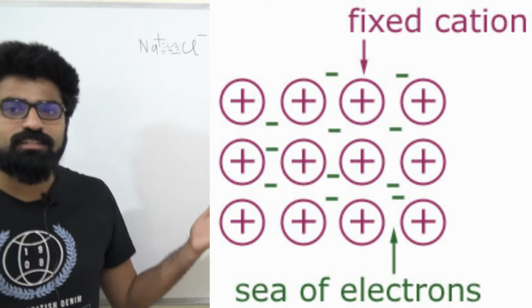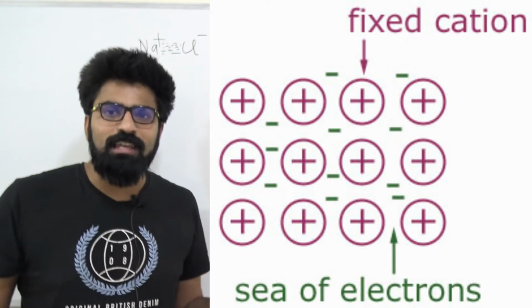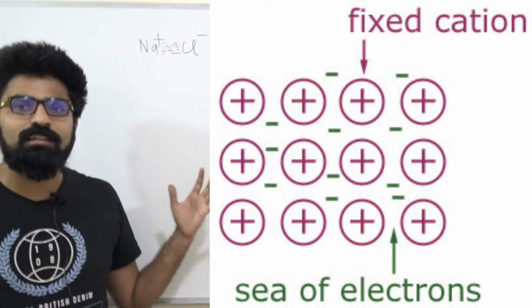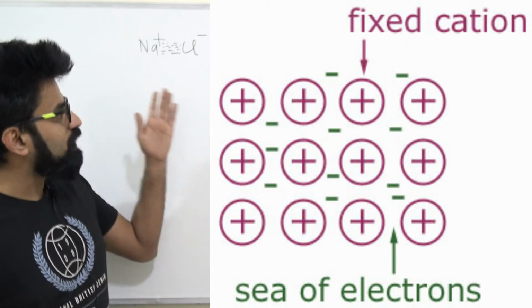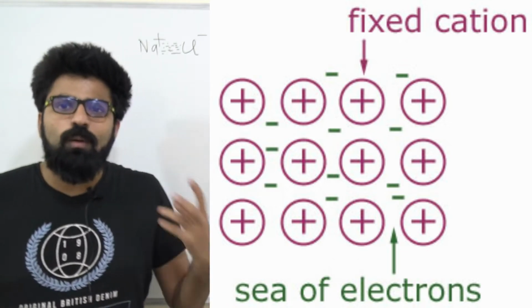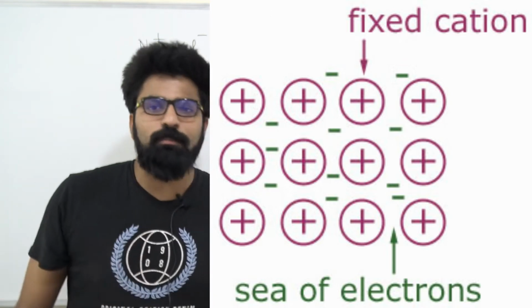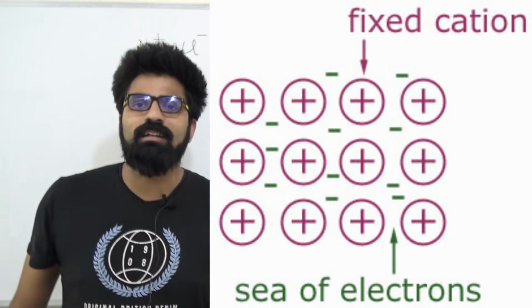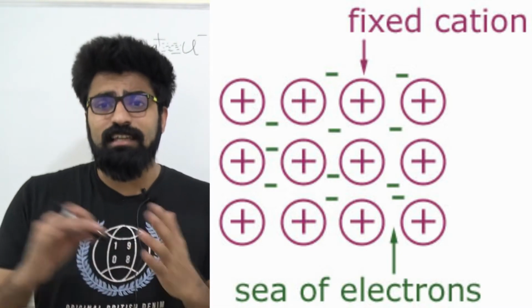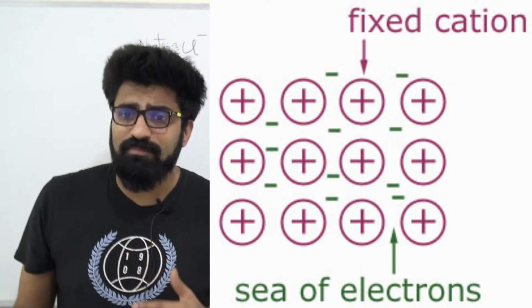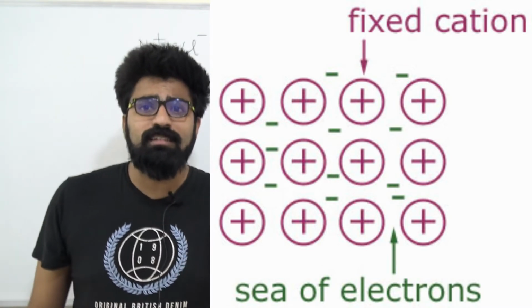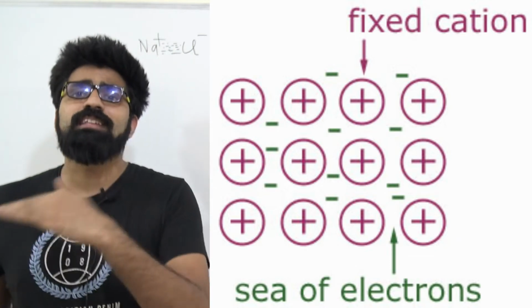As you can see on the screen, I just want to explain to you the metallic bonding. This is the example of metallic bonding that I'm taking for sodium metal. So what happens in the metal piece? Suppose we have a piece of sodium metal. Metals can easily give their electrons. So sodium will give its electron and form Na+ and one electron.